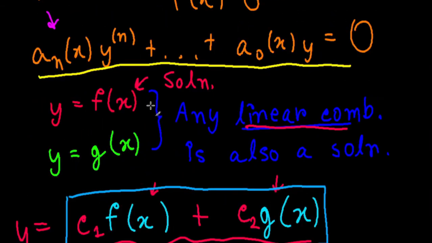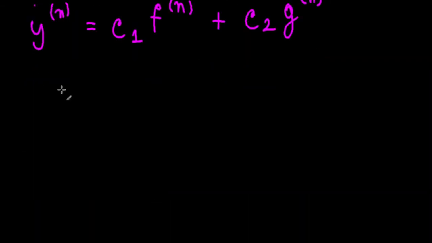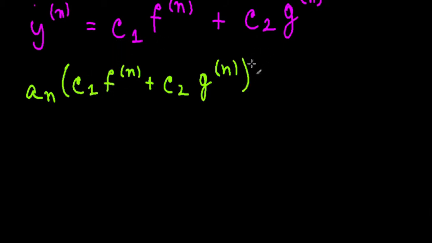If we do that, what we get here is a sub n. Actually, I should omit the x for now, but just remember that these aren't necessarily constants. They're functions of x. So you have a sub n of x times the nth derivative of y, so basically something like this, c1, and this is going to continue.